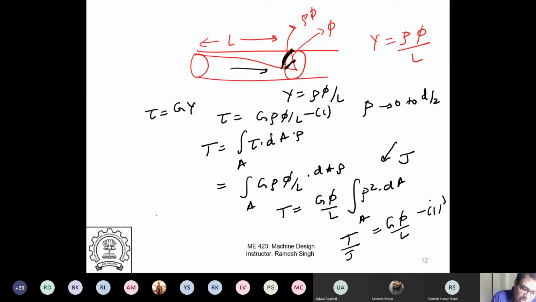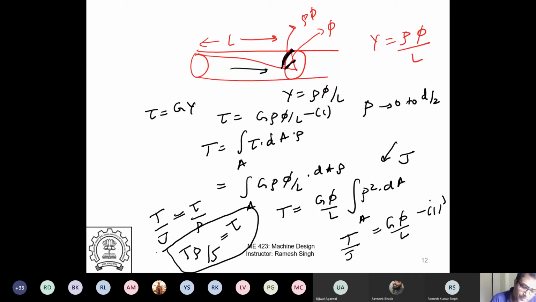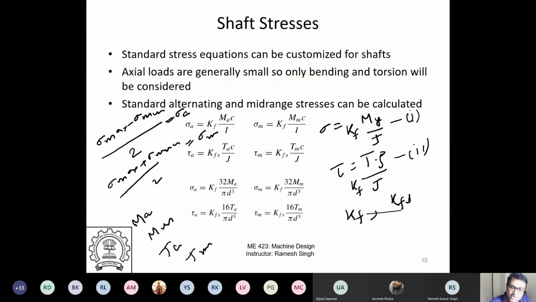From this you can have T by J equal to tau by rho. So basically you get tau equals T rho by J. So this is your torsion equation, and this was your bending equation.